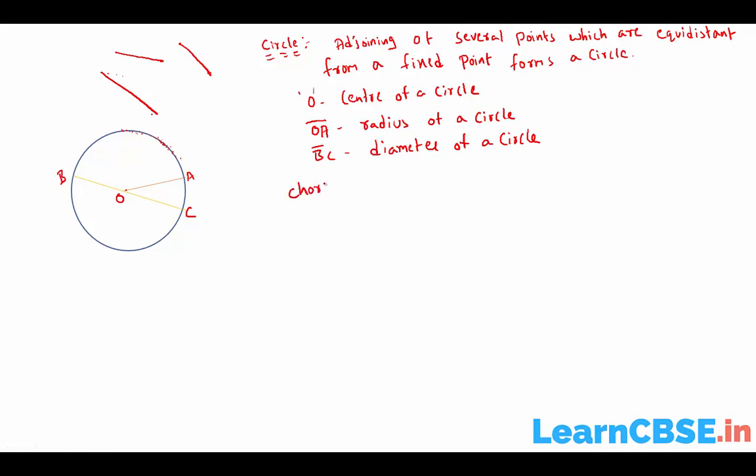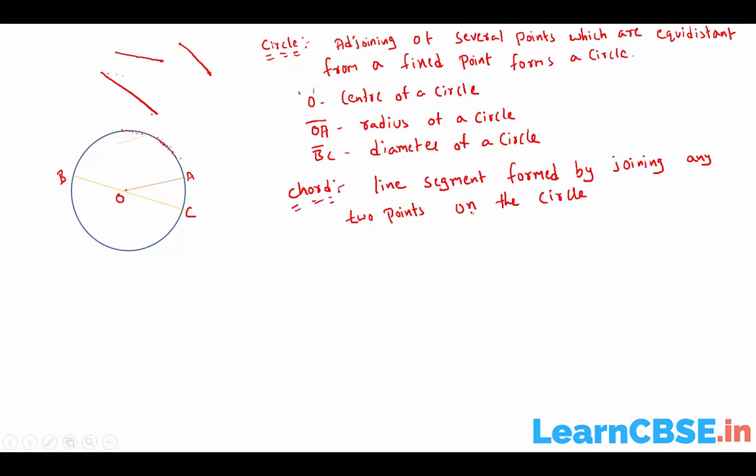Definition of chord: a line segment formed by joining any two points on the circle.